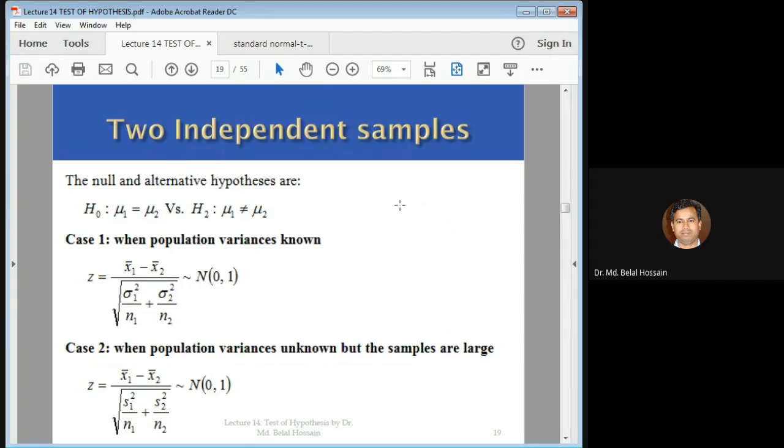We have two populations, and from the two populations we have taken two samples. One sample mean is x1 bar and the other sample mean is x2 bar, but what we are going to test is whether mu1 equals mu2. That means whether the mean of the first population equals the mean of the second population or not. The alternative hypothesis is that they are not equal in general. It can be greater than, it can be less than, based on the problem given.